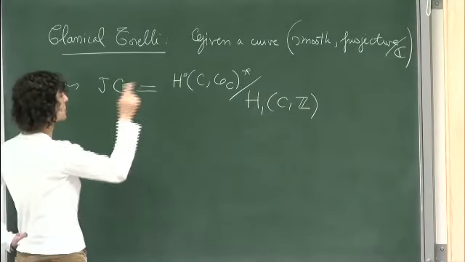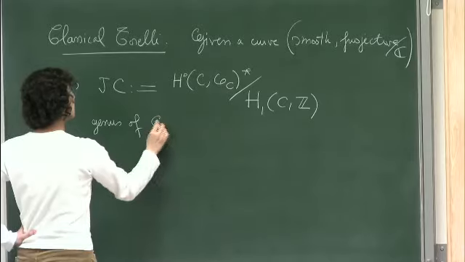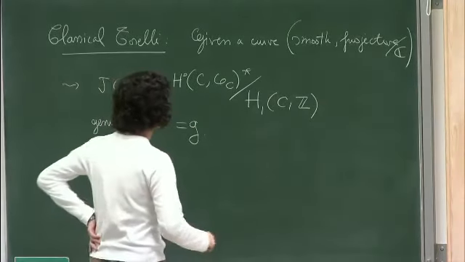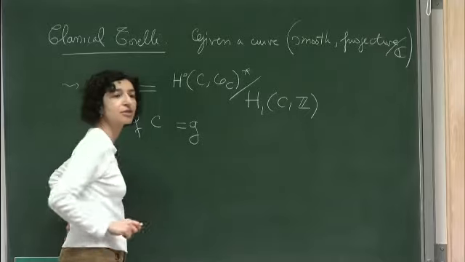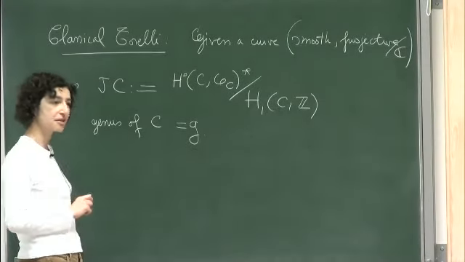And if the genus of C is g, then this is a complex torus of dimension g, and it is well known that it's actually an abelian variety, meaning it has a polarization.